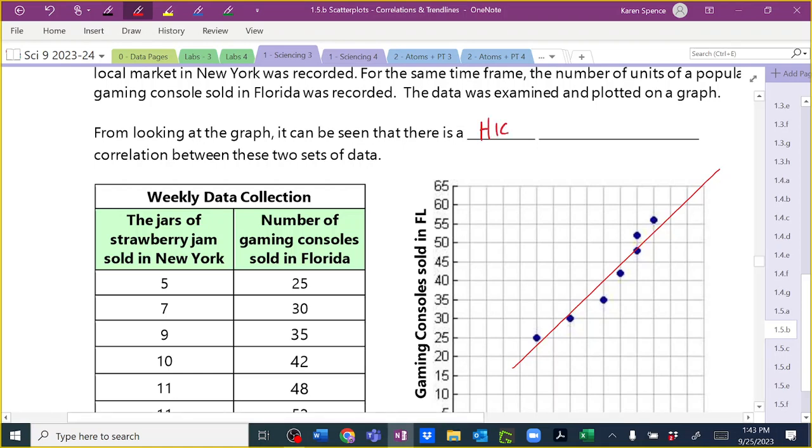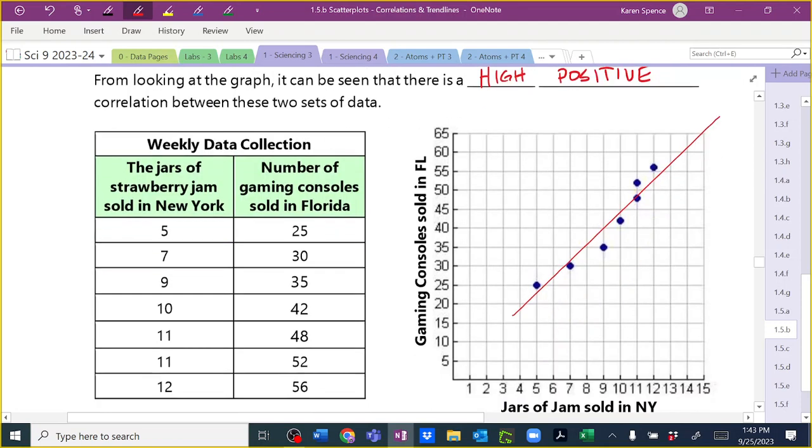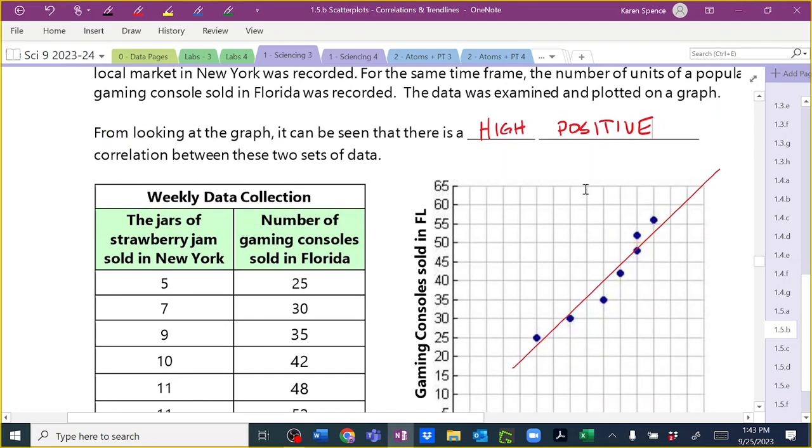This is a high positive correlation. Do you think, though, that the jars of jam sold in New York made the number of gaming consoles sold in Florida increase? Did the number of gaming consoles sold in Florida depend upon the jam sold in New York?